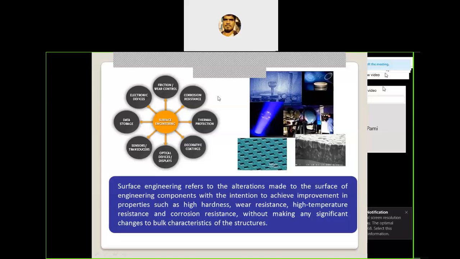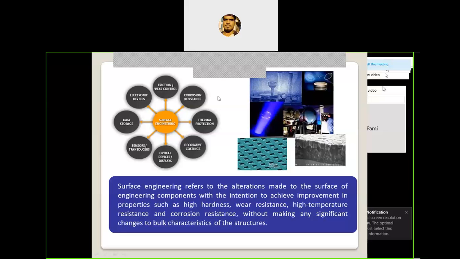If it is steel, exposed to moisture, it easily gets corroded. That steel is coated with some material, such as aluminum alloys, whatever the corrosion resistant material. Then it will reduce the corrosion on the steel, which means it will increase the corrosion resistance property.